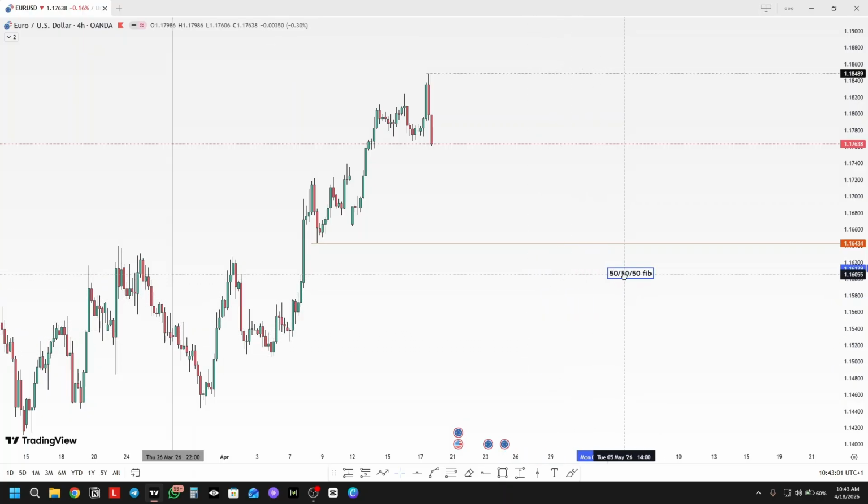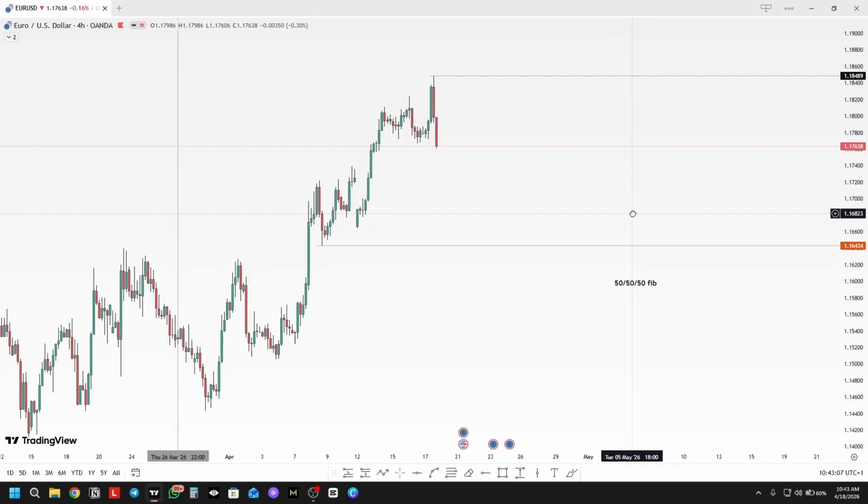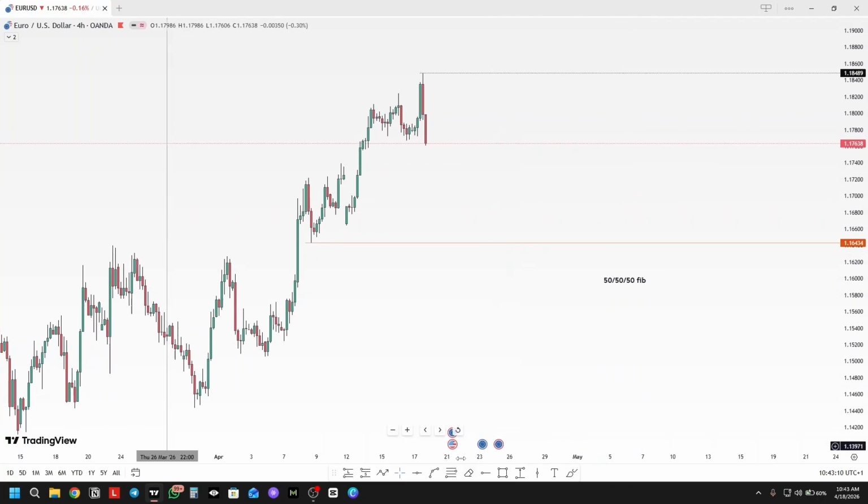That is how I place entries, so that you guys can pick it up quickly. So we go here from the lowest low to the highest high.